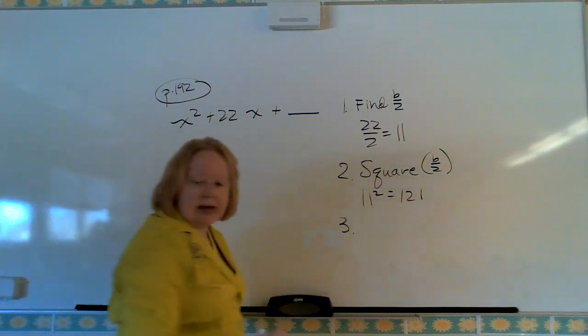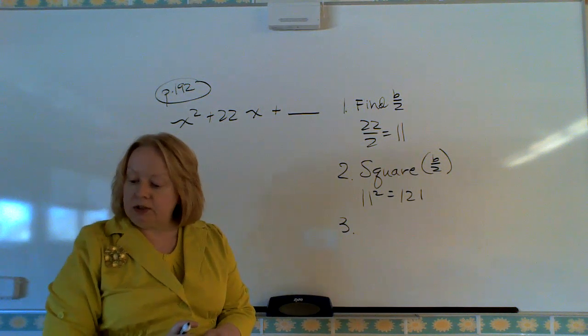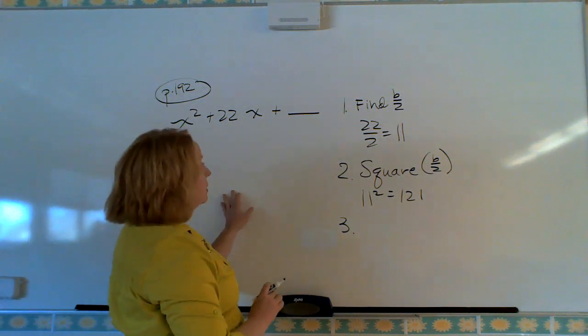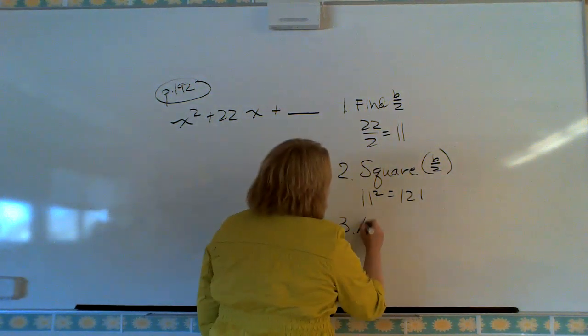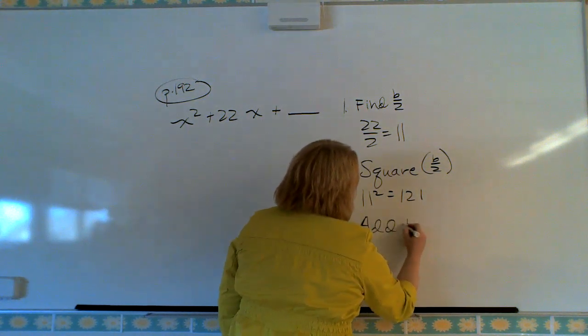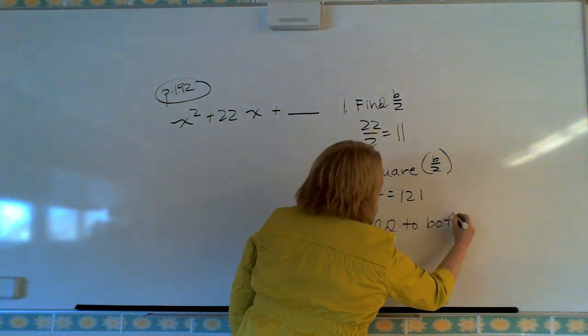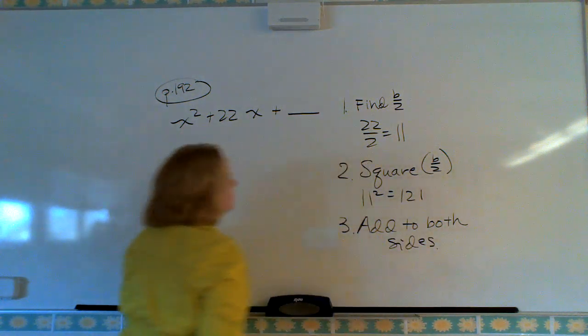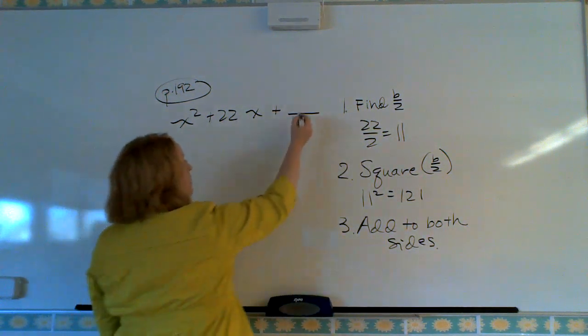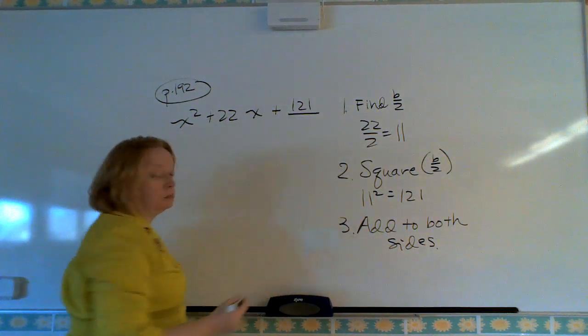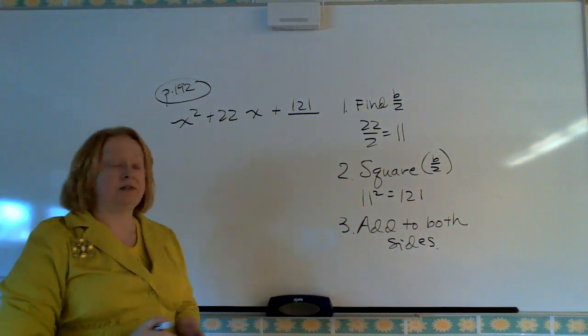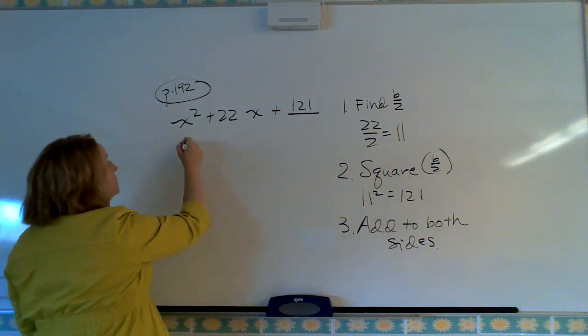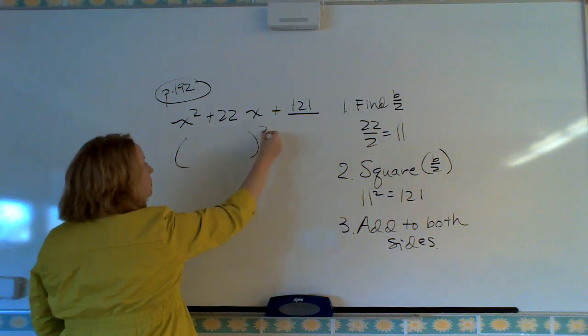And then we're going to add 121 to both sides of our equation. So we would just put plus 121 here. And so now we can factor that down into a perfect square binomial.